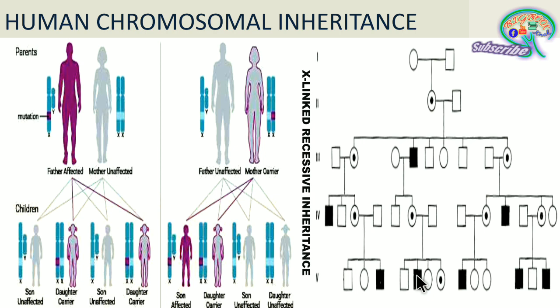For the dominant kind, be it autosomal or sex-linked dominant, there is a chance of appearance whether you marry within the genetically related family or outside it. But for the recessive kind, there are chances of recurrence of the disease if you marry within genetically related people. So this is regarding X-linked recessive inheritance.